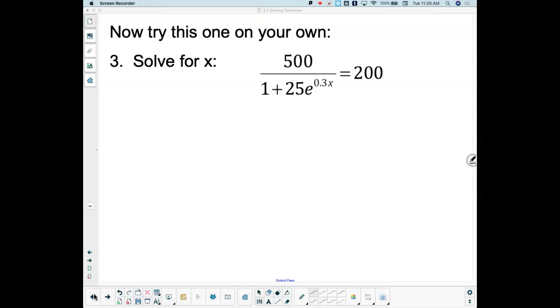First step to solve for x. And then do what? After you do that, what do you do? Divide by 200. So really what we're just doing is flipping these.